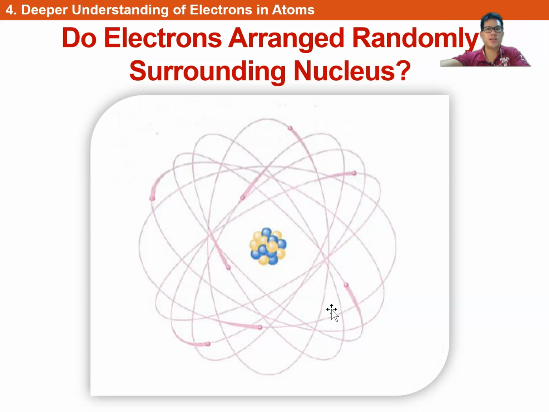The most standard way is that the core is here, and the more electrons you have, it starts nearer to the core, and as you get more electrons, they go further and further out. How they are arranged outside, we're going to learn in the following slides.